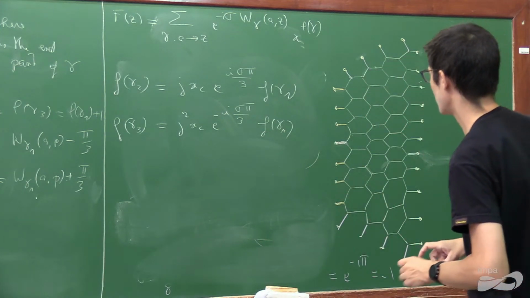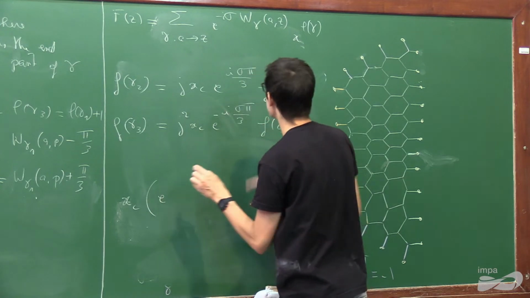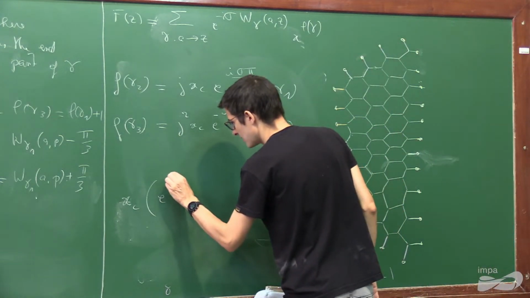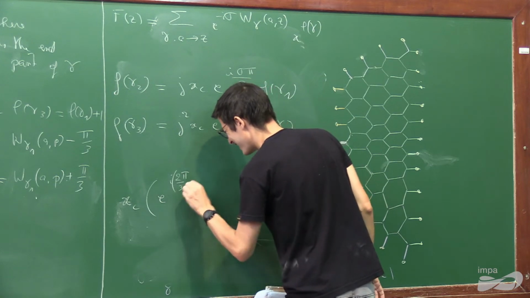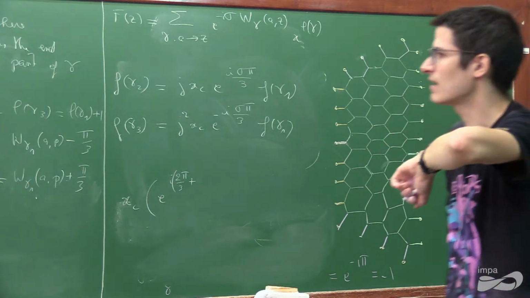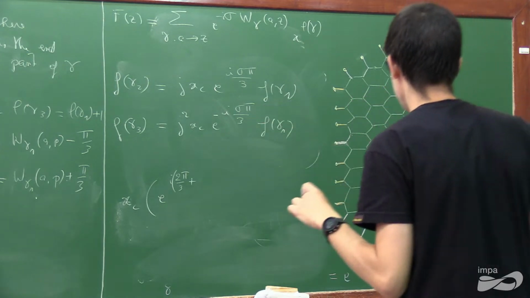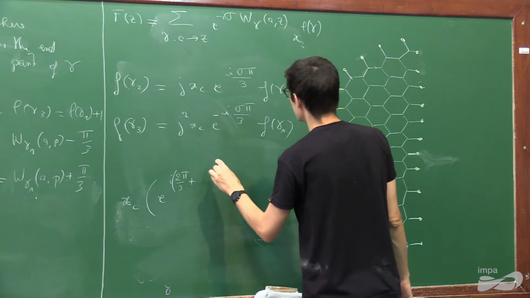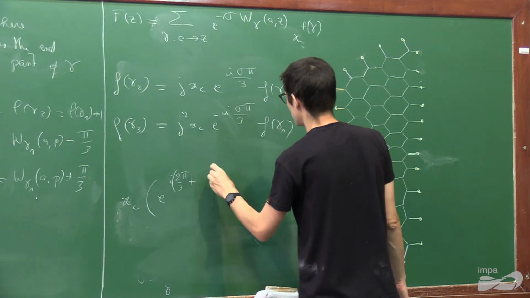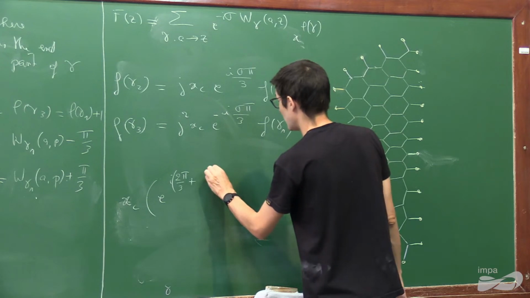I have xc times exponential i 2 pi over 3, plus this term, where sigma is 5 over 8, I guess, so 5 over 8, giving i 5 pi over 24.